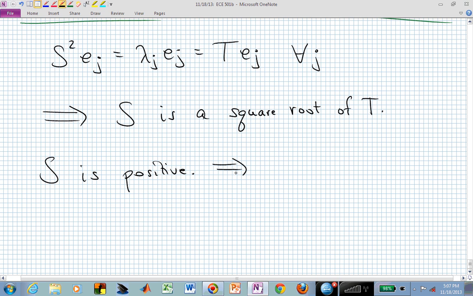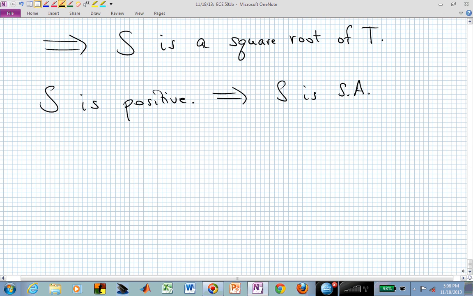But if S is positive, in the definition of a matrix being positive, we know it's self-adjoint. And we now know that it can be diagonal in the E sub j basis, or in this basis of eigenvectors.